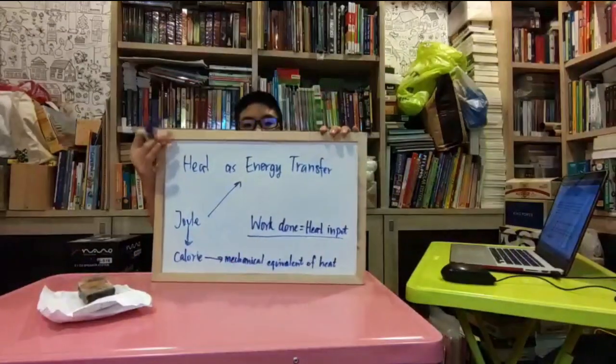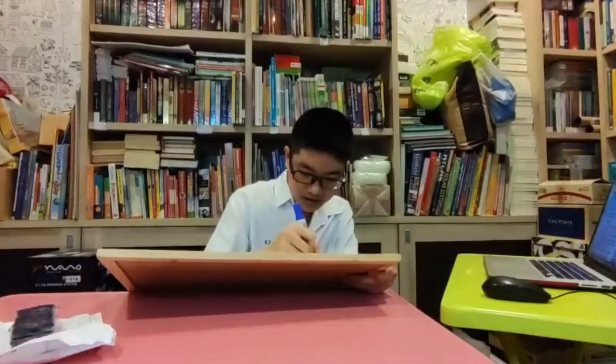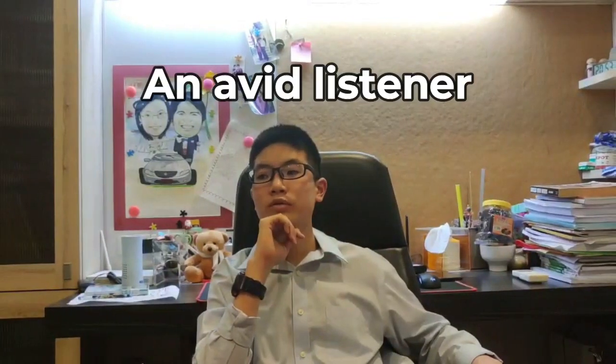Thus the calorie, the unit of heat, has a mechanical equivalent in the joule, the unit of work. They concluded that heat is energy transferred from one object to another via a difference in temperature.